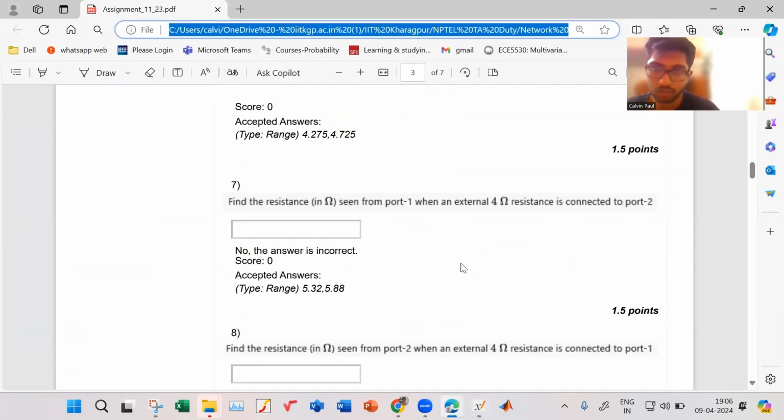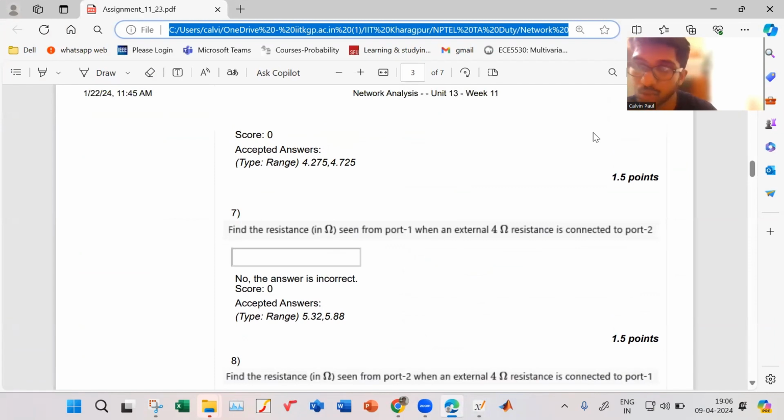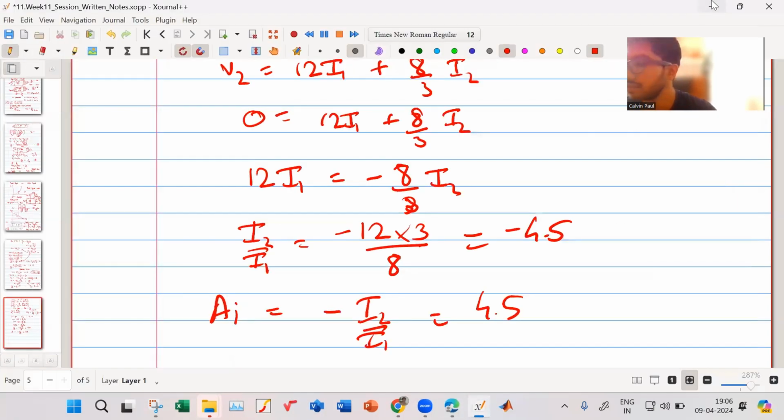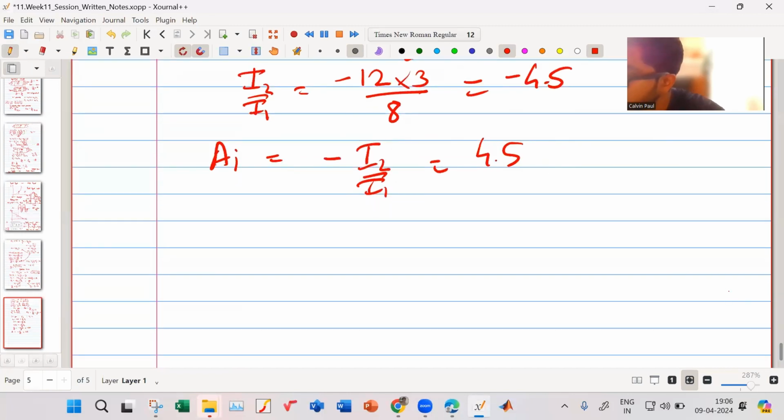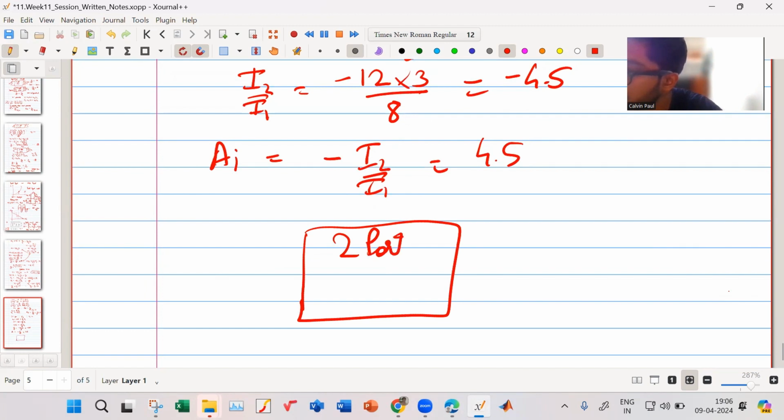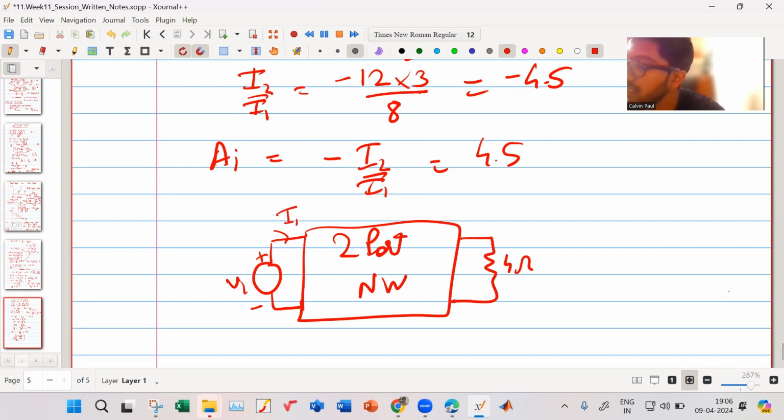So now, the voltage when an extra 4 ohm resistance is connected to port 2. Again, a 4 ohm resistance connected to port 2. So they are saying this is my 2-port network. You have some V1, you have some I1. And then you have some 4 ohm resistor connected over here.